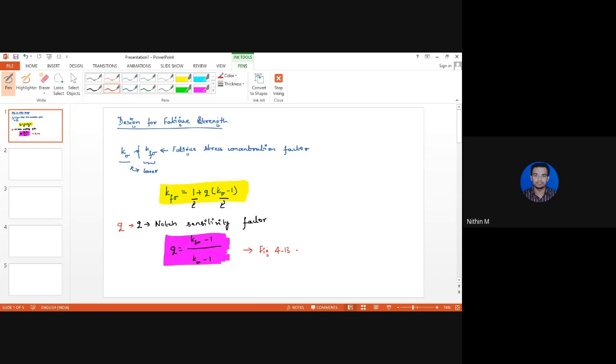On the y-axis, you have the notch sensitivity factor Q, right? There are a couple of curves based on the type of material and the type of heat treatment applied to the material. So by making use of figure 4.13, you can determine the notch sensitivity factor.